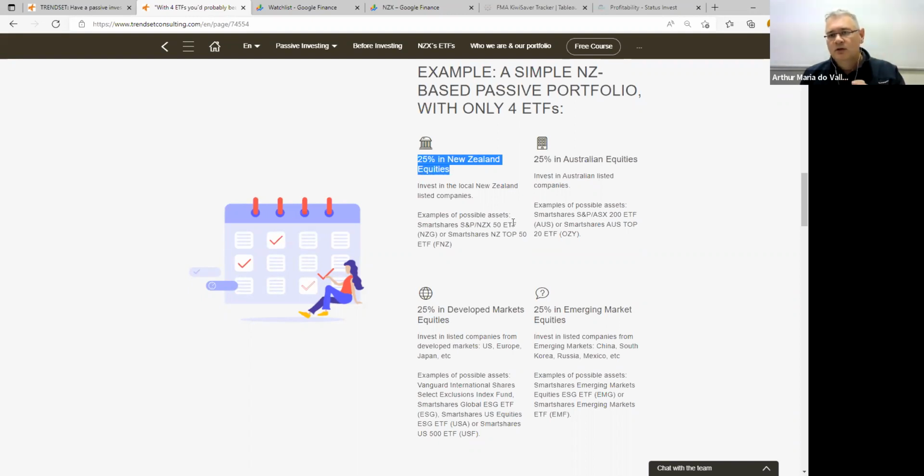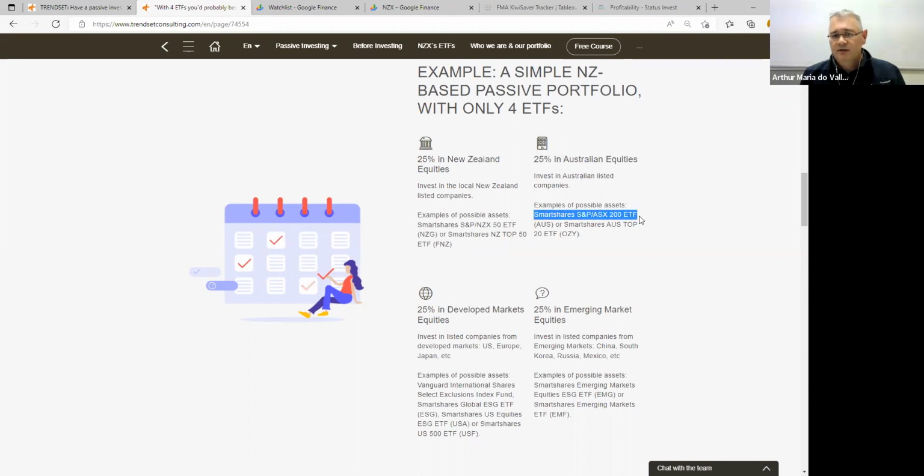It's not about government bonds or specific real estate funds. So you might buy 25% of New Zealand companies using this ETF or these other ETFs. So 25% of your portfolio is in New Zealand companies. The other 25% in Australia.